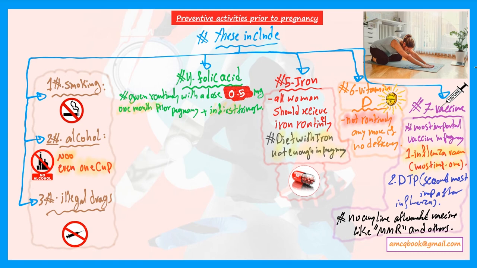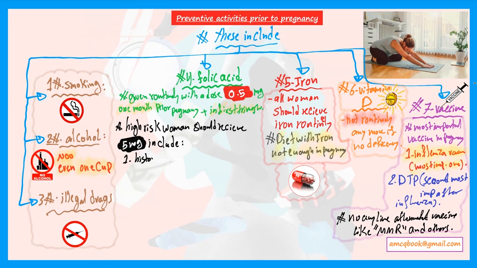Not at any time other than this, because if it's given in the second or third trimester, even in high dose, it's not effective. It's only effective 1 month prior to pregnancy or more, and during the first trimester. And the high-risk woman should receive 5 milligram, not 0.5. 5 milligram, and these include the high-risk women.